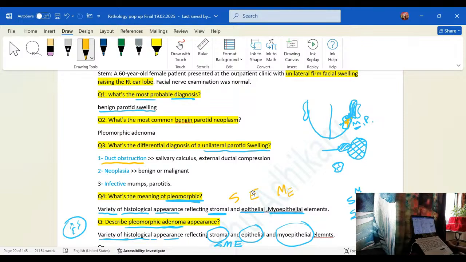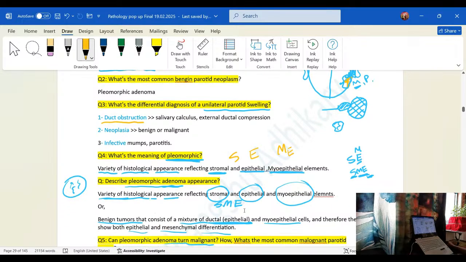It has a variety of histological appearance, reflecting stromal, epithelial and myoepithelial elements.